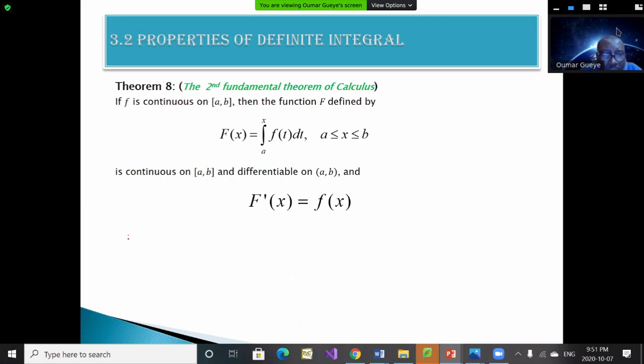So if, for example, my function was f of x equal to the integral from a to g of x, in this case it becomes a composite of two functions, because f depends on g and g depends on x. That's why you have to use the chain rule, and you have f of t dt.